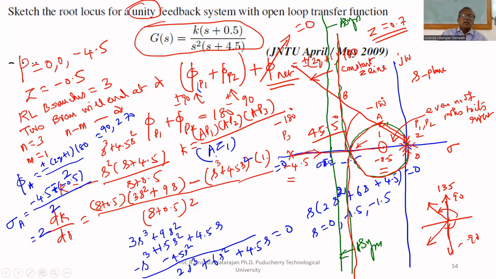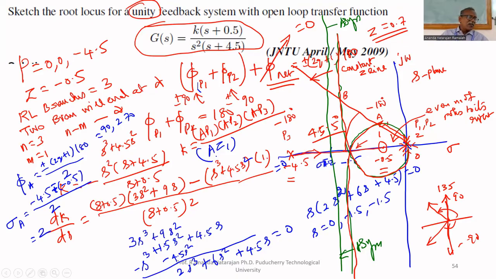Like that, when many poles are there, many time constants are there. How many time constants for this system? Three time constants, because it is a third order system: time constant 1, time constant 2, time constant 3. The one which is very close to the origin will dominate, because time constant equals 1 by omega.